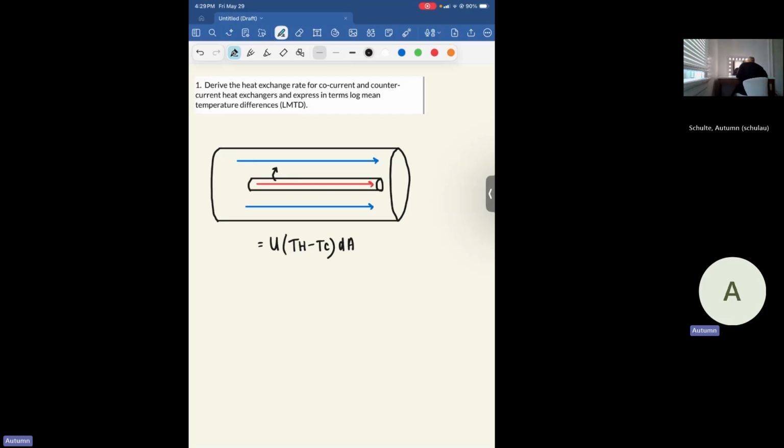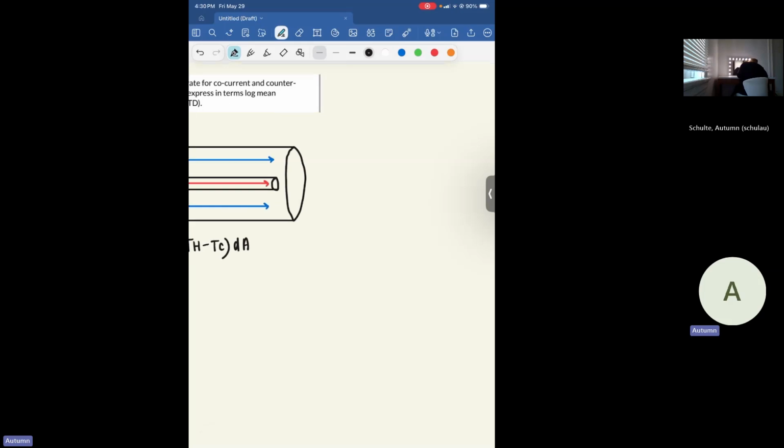Now normally if you saw this, maybe your first instinct would be to go ahead and integrate this. But the issue here is that we have these temperatures that really aren't in terms of our area, so we wouldn't be able to integrate that. And so what we're going to do is take the mass flow rate of our hot stream and multiply that by the heat capacity of our hot stream.